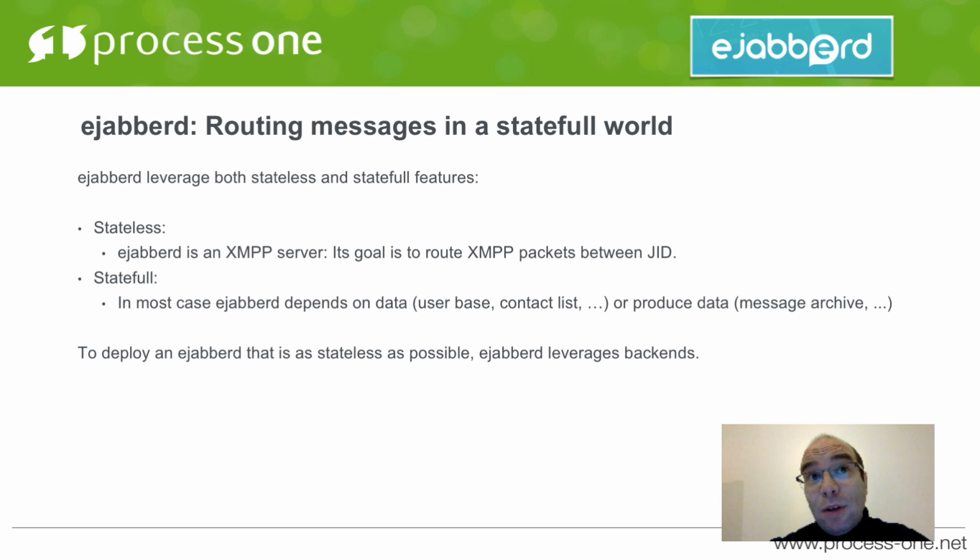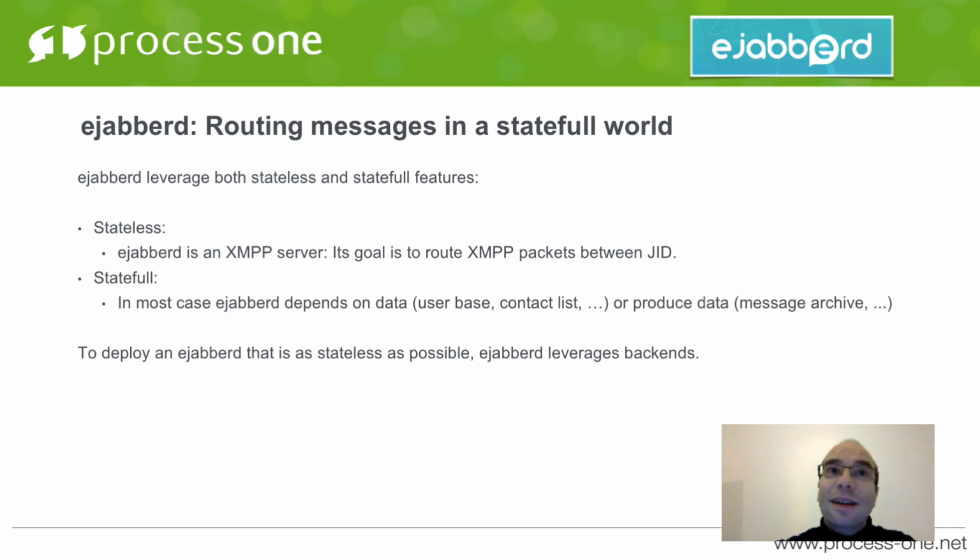But to be able to handle all the features that are defined by XMPP, it's not only about routing, and you need state. In a sense, the basic features of XMPP and ejabberd are stateless, but to support those features you also need a lot of state. And in that case, ejabberd depends on data. You depend on the user base to authenticate. You depend on the contact list to populate the roster when the user connects.